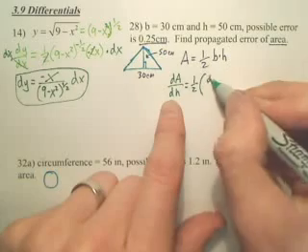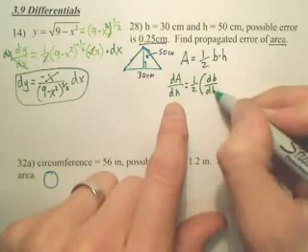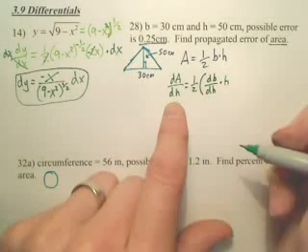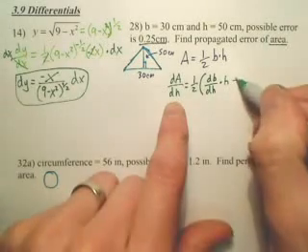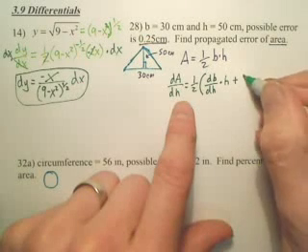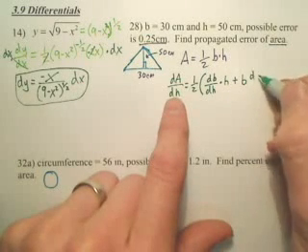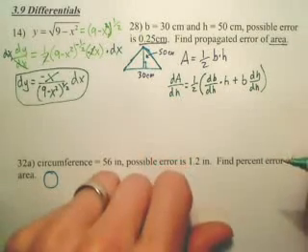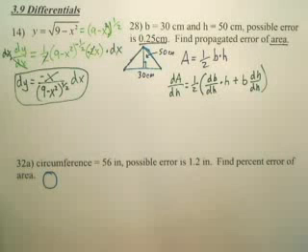Wouldn't that be dB/dH times H? Plus, if I leave B and I derive H, wouldn't that be dH/dH? We just derived with respect to either H or B. I chose a letter.